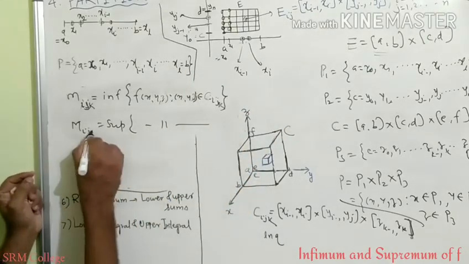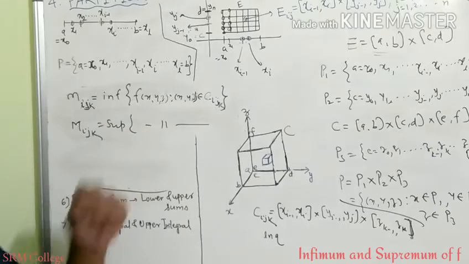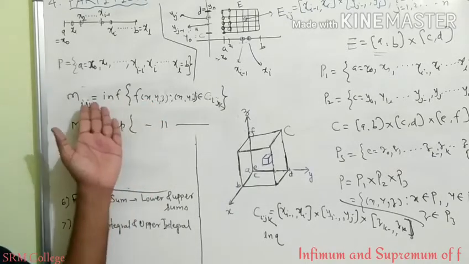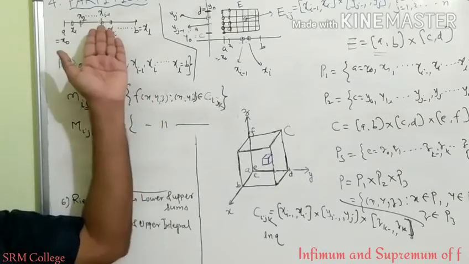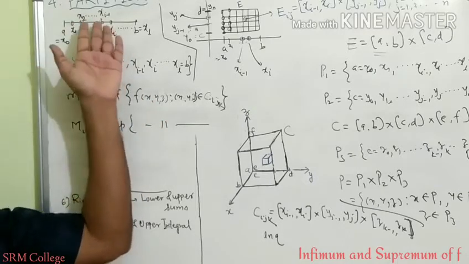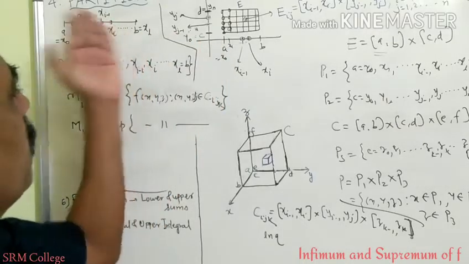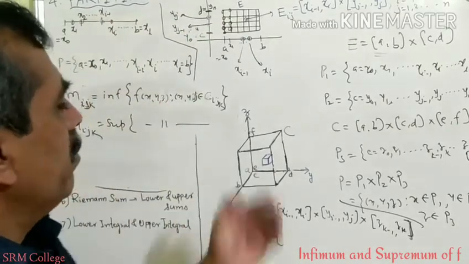Similarly, you define the supremum of f on Cijk. So this is how we define the infimum of a function f on the parts from the partition: subinterval, subrectangle, and subcuboid.